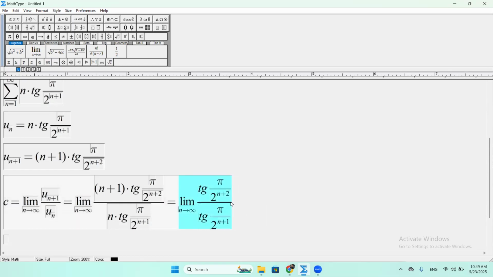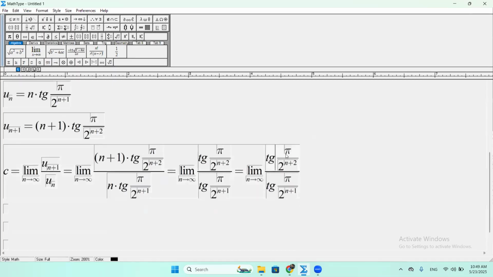So we received the following limit. Then, as the arguments of tangents approach 0, the argument of tangents is equivalent to tangents. So doing like this.